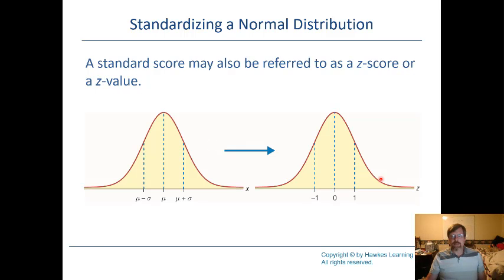What that does is it converts our values. This could be 20 and 10 and 30 or whatever. We subtract the mean from the mean and get 0, so that turns that into a 0.